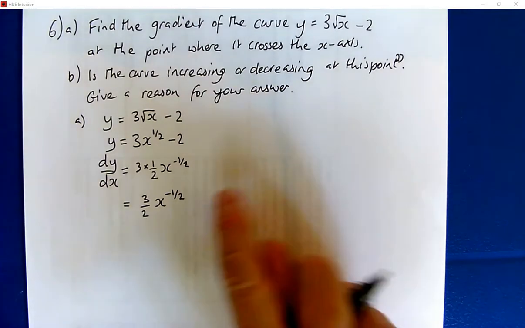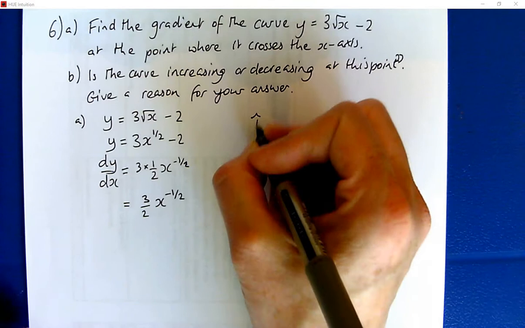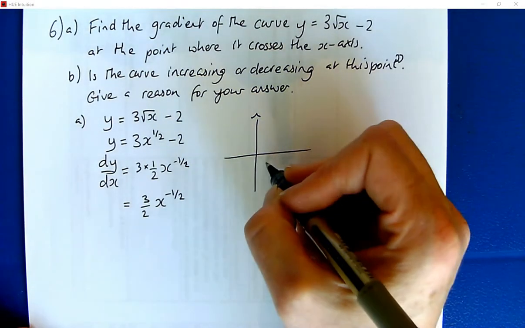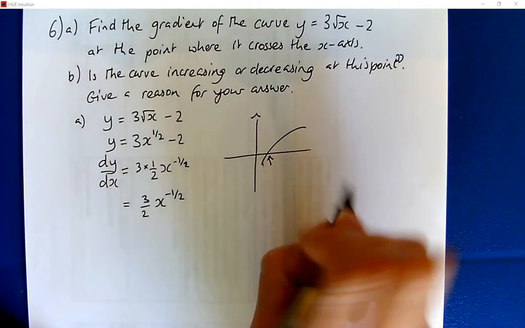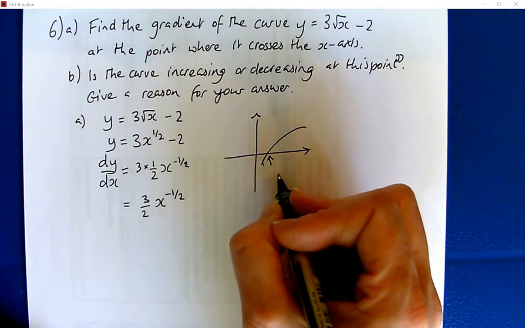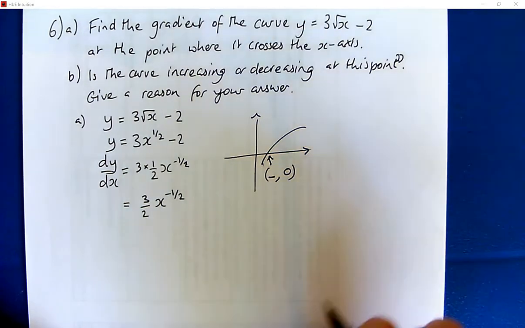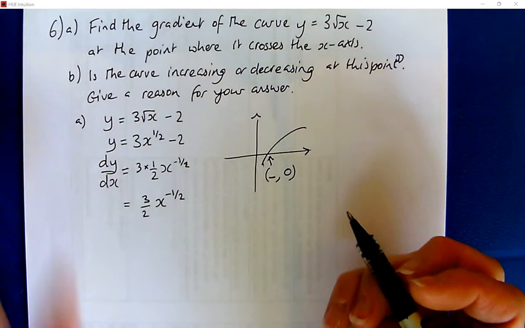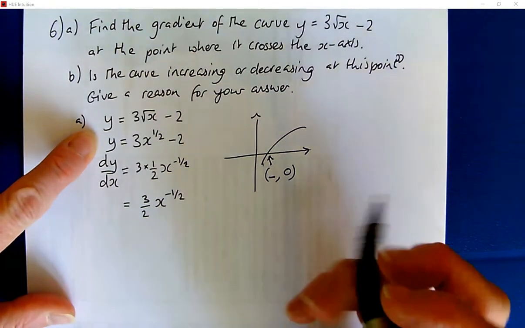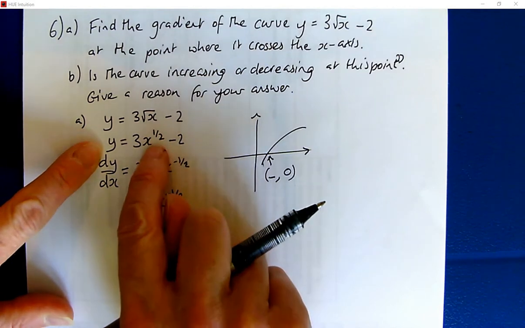Right, now it says we want to find it at a particular point, so where it crosses the x-axis. So we've got some kind of curve, okay, and where it crosses the x-axis, we know the y-coordinate, don't we? We don't know what the x is, but we know the y-coordinate is 0. Now that helps us because we can use the original relationship between x and y to find out what x is.